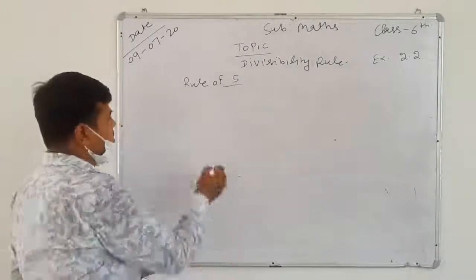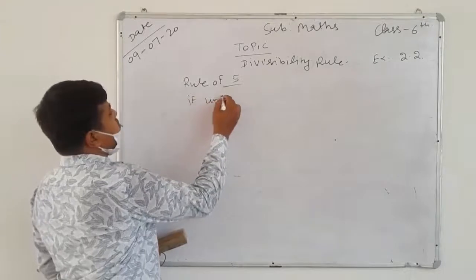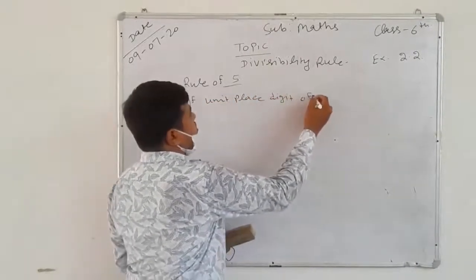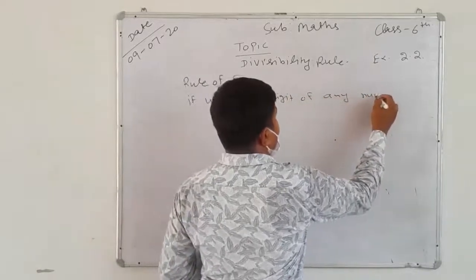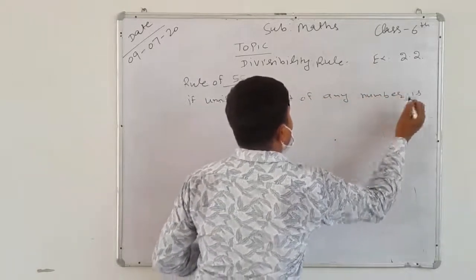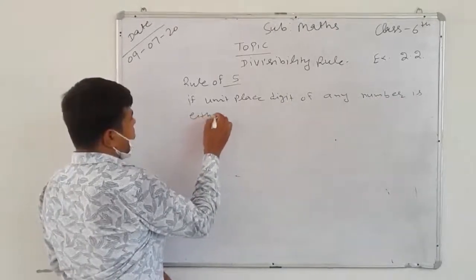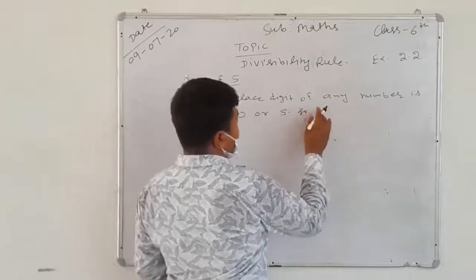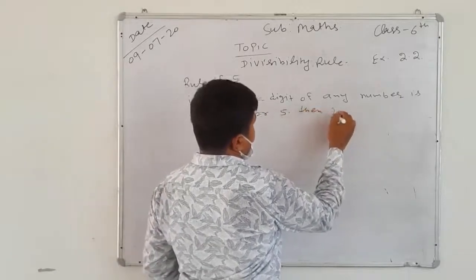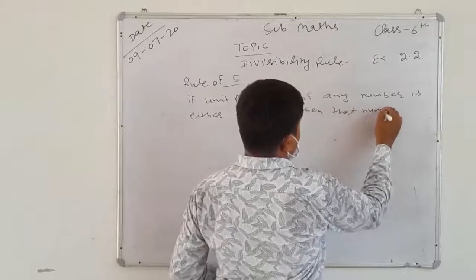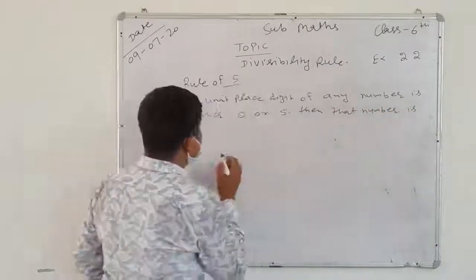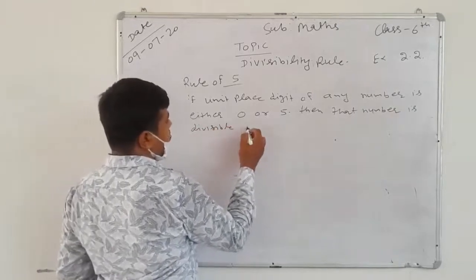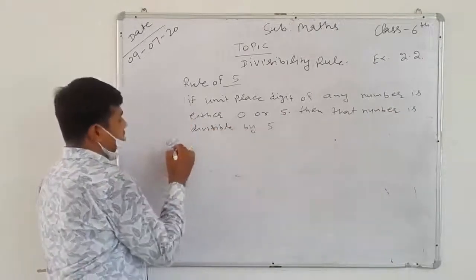Rule of 5: if the unit place digit of any number is either 0 or 5, then that number is divisible by 5. Exercise question.